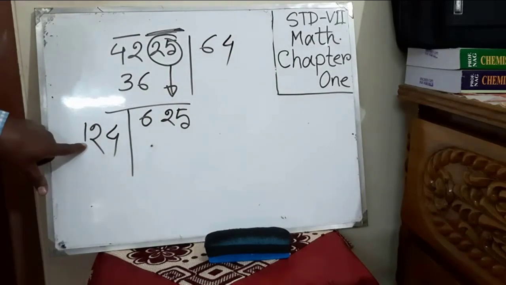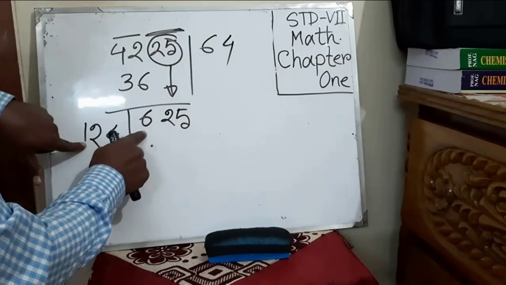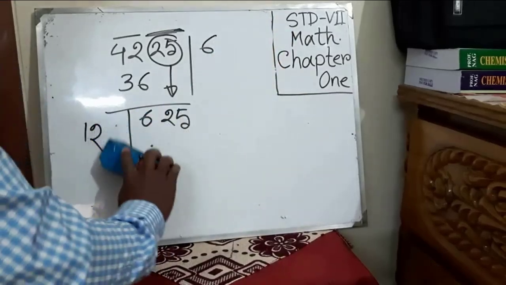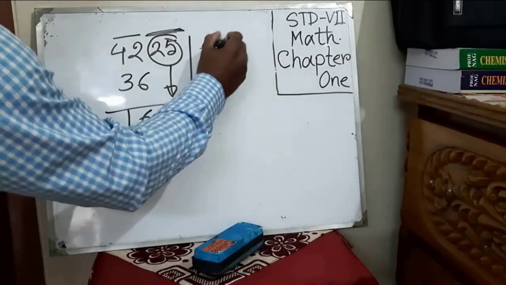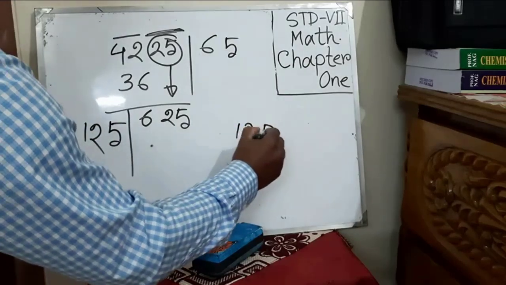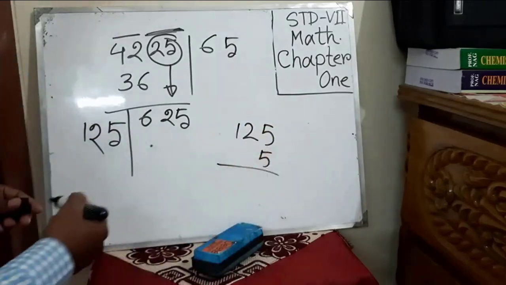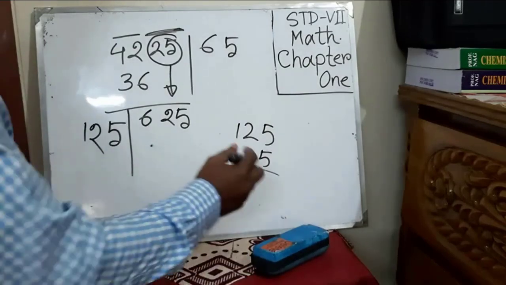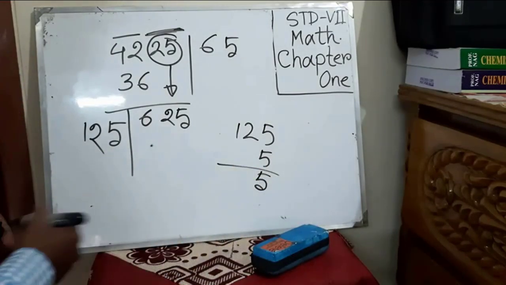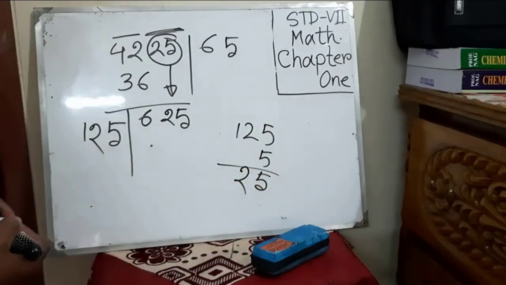But look, last one 4. 4 ones are 4. It can be, if you write here 5, you will write here 5. Then 125 and 5. You will multiply this. Then suppose 5 fives are 25, 5 and 2 in hand, 2 fives are 10 and 2 is 12, 2 and 1 in hand.